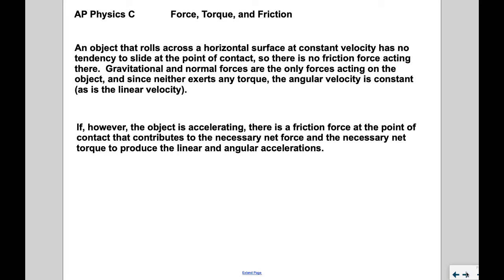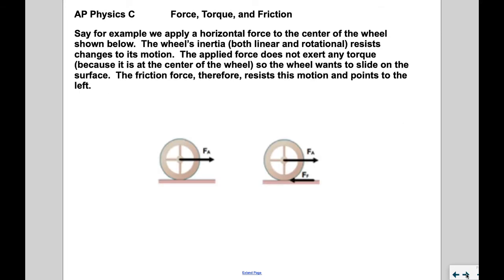If, however, the object is accelerating, then we have a friction force at the point of contact that is going to contribute the necessary torque that produces the angular acceleration alpha. So there are a few different situations that we can run across here. We have a wheel that has a horizontal force applied to its center of mass, where the axle is.